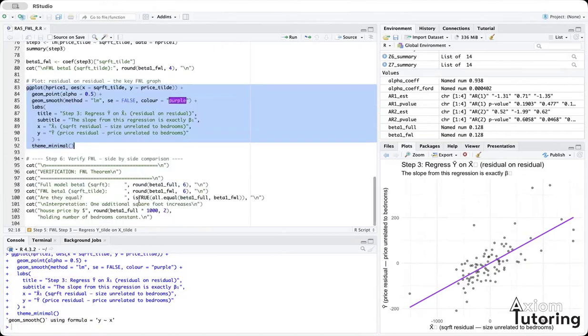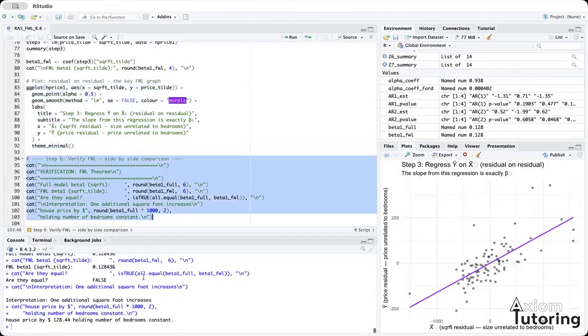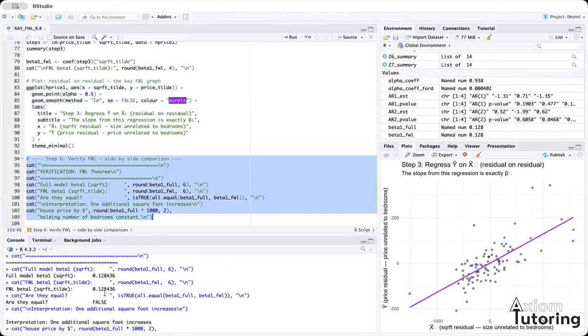And you can do that by either plotting side by side the full regression model so you can see the beta one, or the other way that I have chosen here is just to have a table with all of the numbers so that we can see exactly whether they are the same or not.